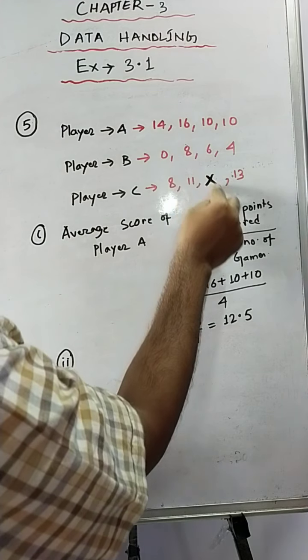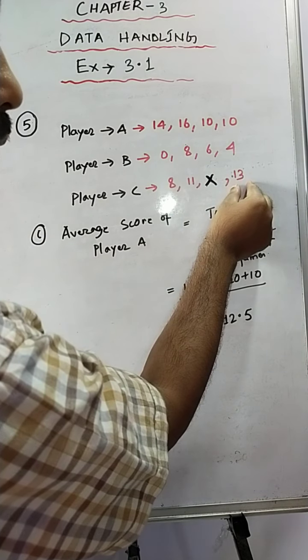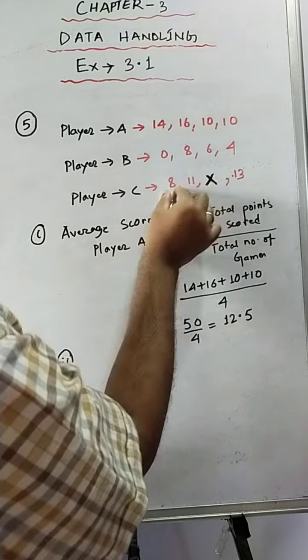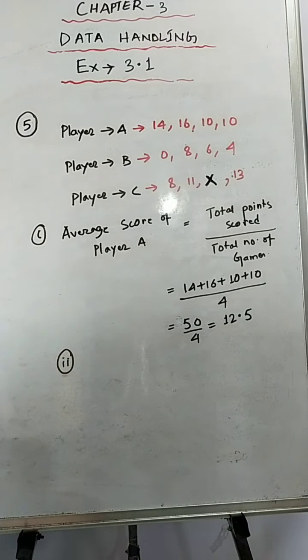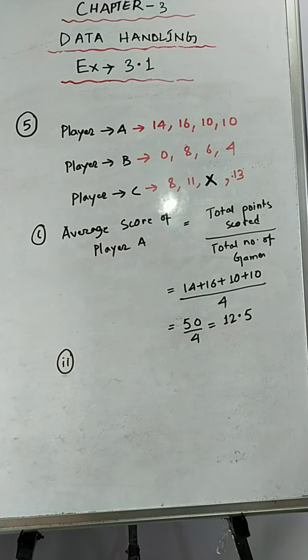The third game he has not played. Then again the fourth game he has played. So he has played 3 games. To get the mean value of player C, we will divide the total points by 3. Why? Because he has not played the third game.